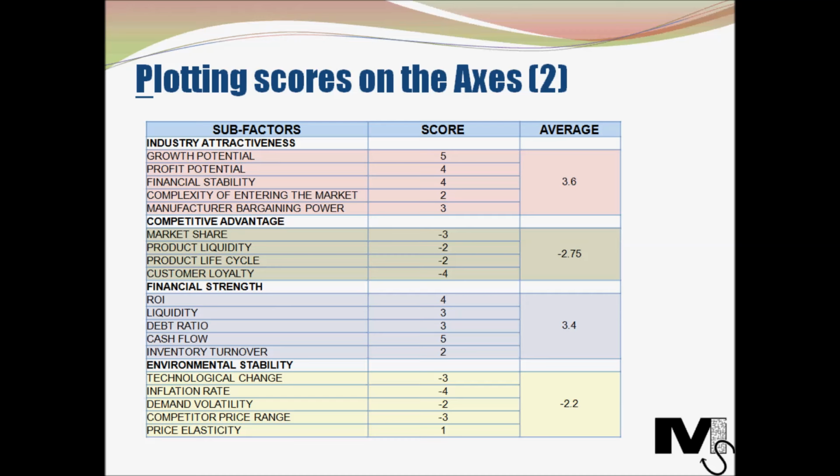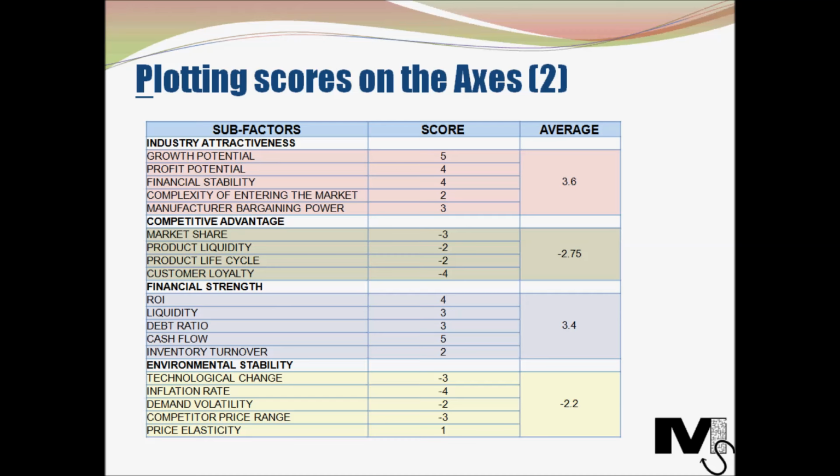If we look at an example here and score all of the elements of industry attractiveness, like growth potential, profit potential, etc., all of the factors are rated. The factors on the positive axis are rated positively, and the factors on the negative axis are rated negatively.